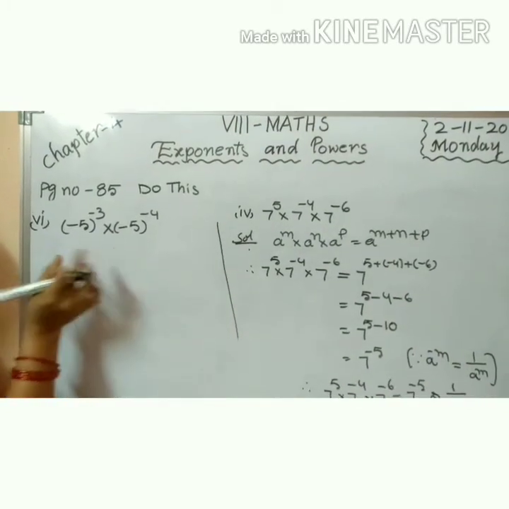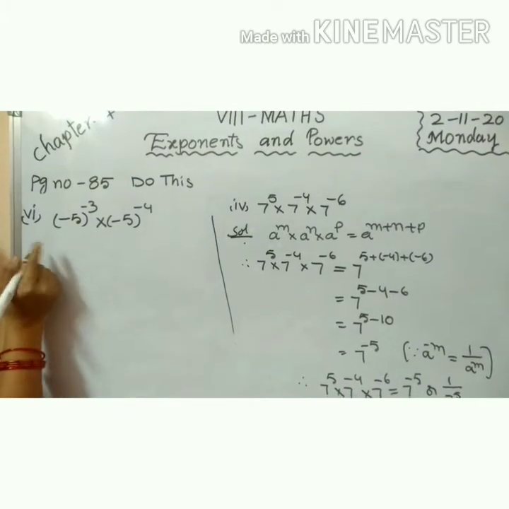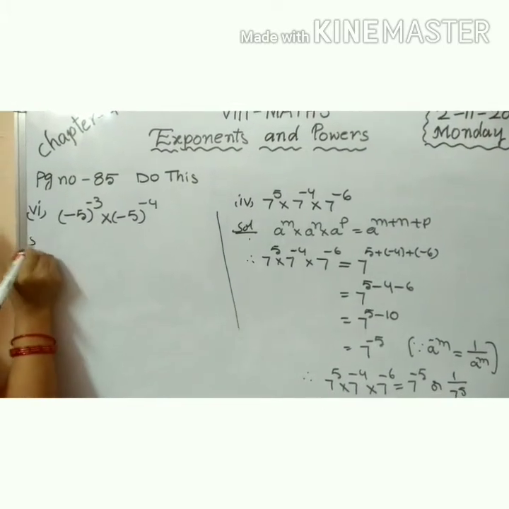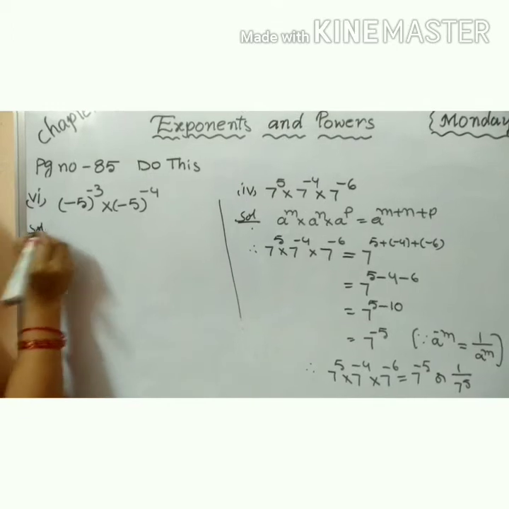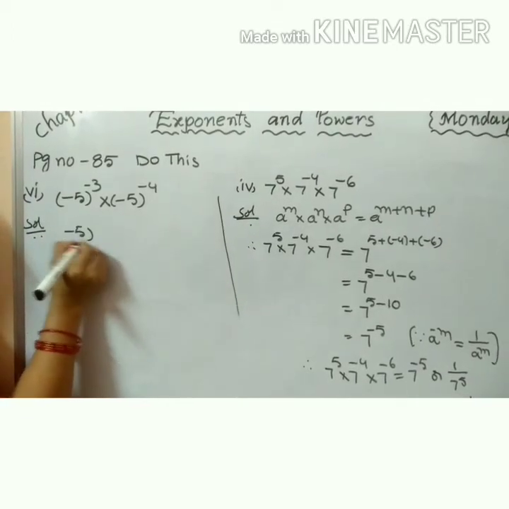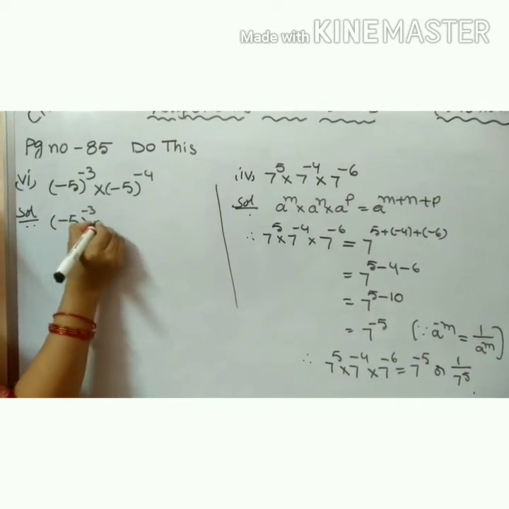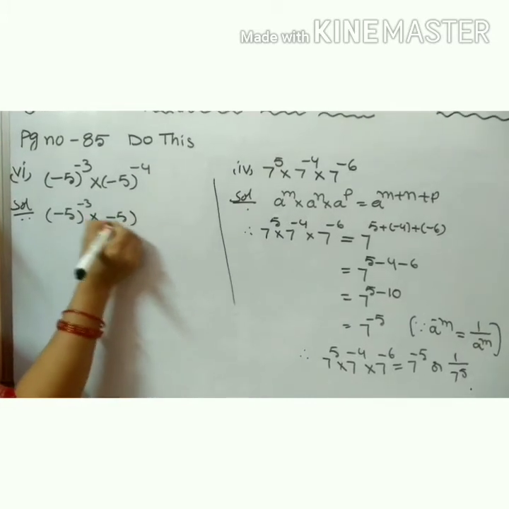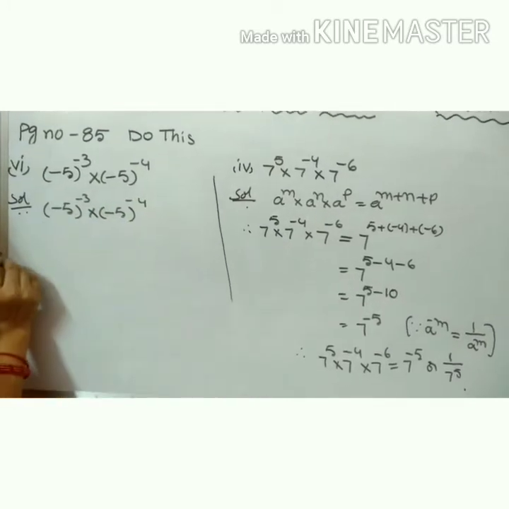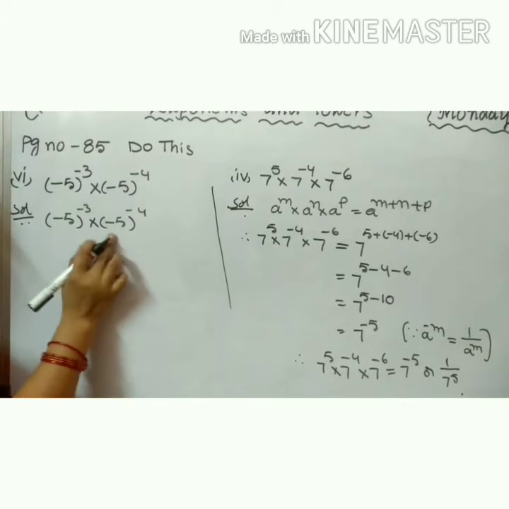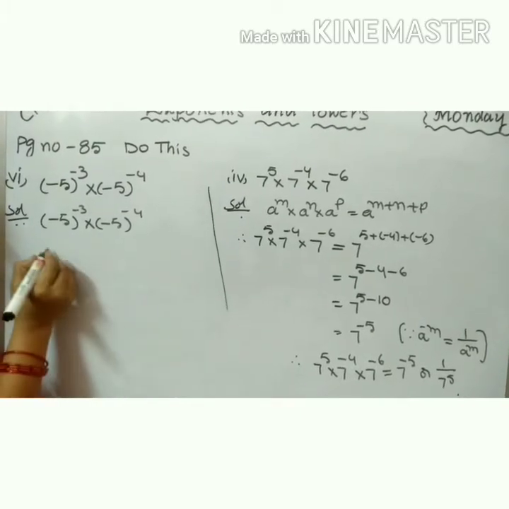It is a somewhat difficult problem, so I will explain that one. So here minus 5 whole power minus 3 into minus 5 whole power minus 4. So here bases are same, then exponents are adding.